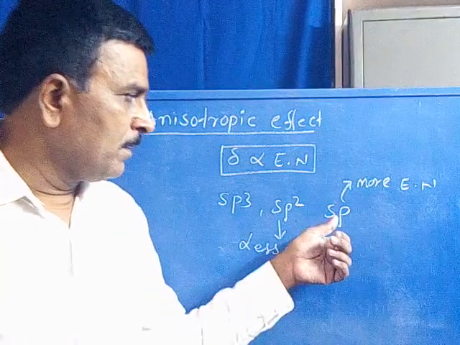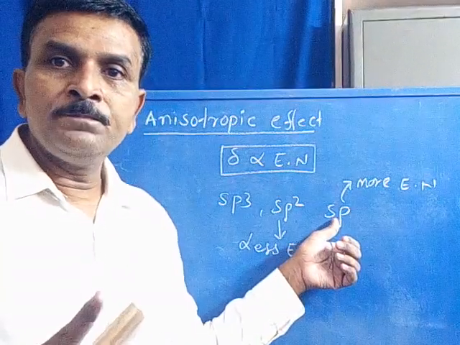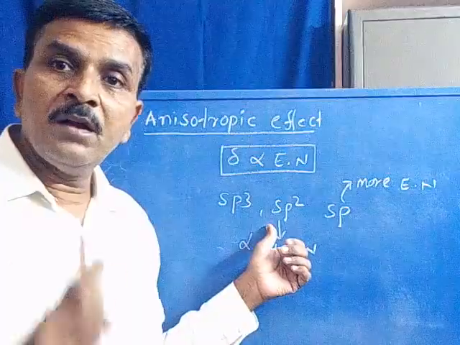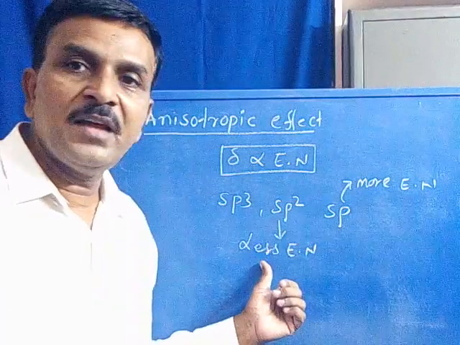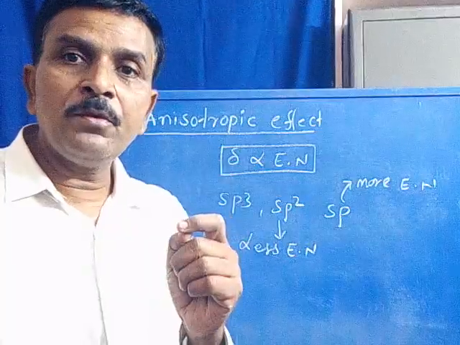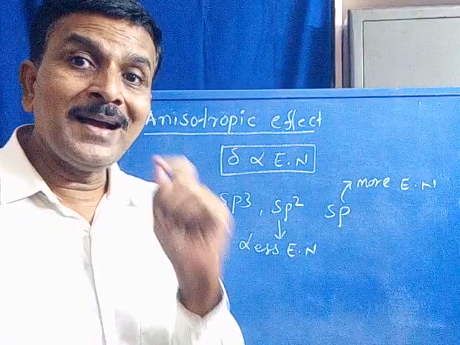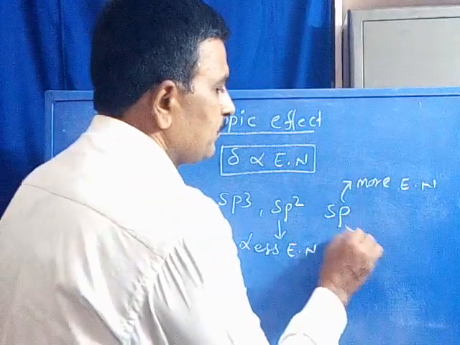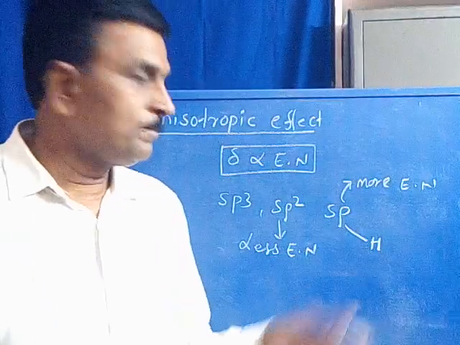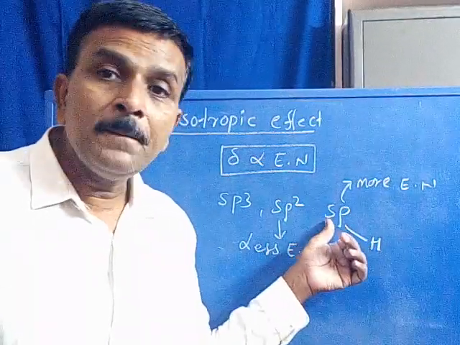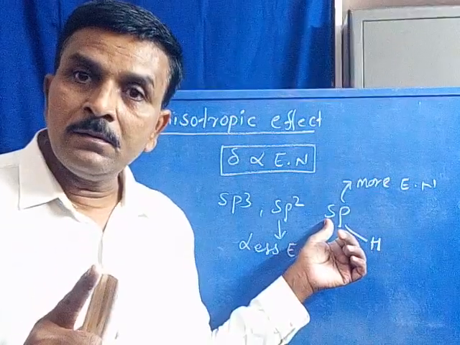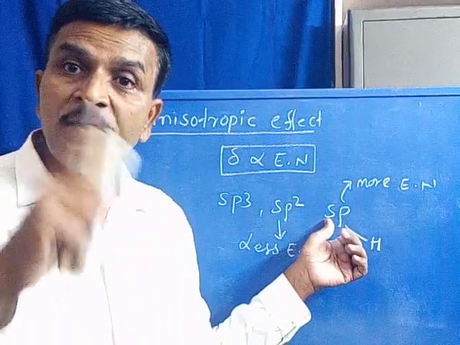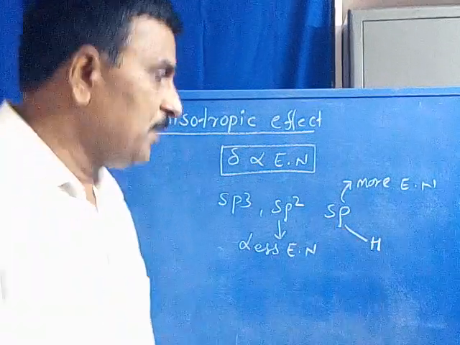Are you following? So sp hybridized carbon is more electronegative when compared to sp2 hybridized carbon, which is less electronegative. Therefore, the protons attached to sp hybridized carbon should appear at higher delta value, that is, low frequency value.